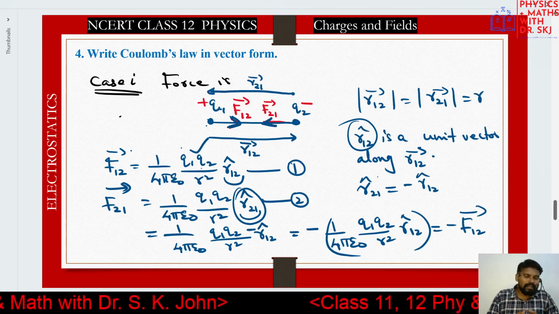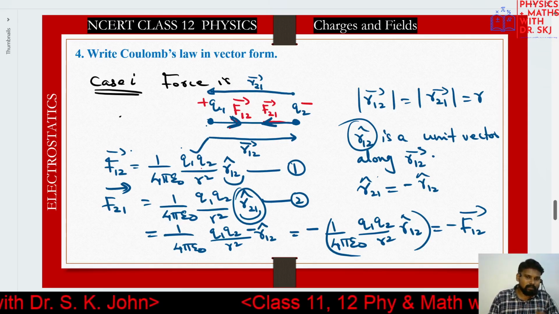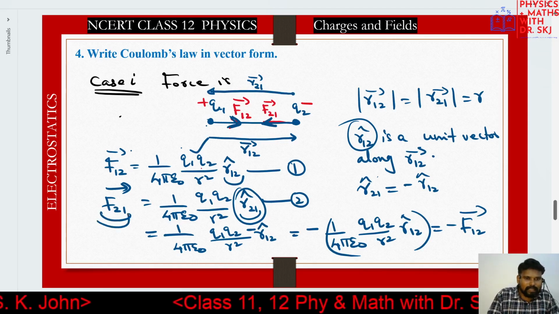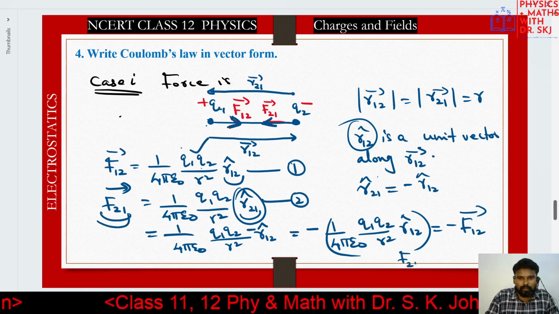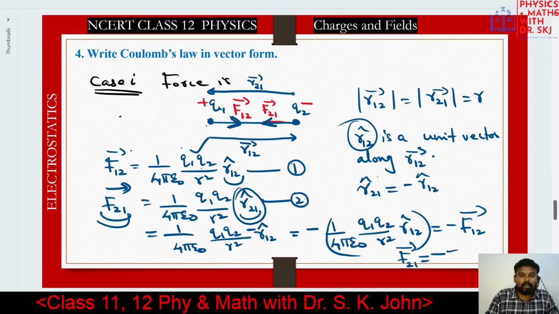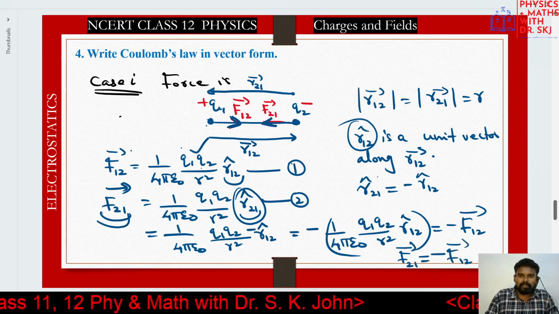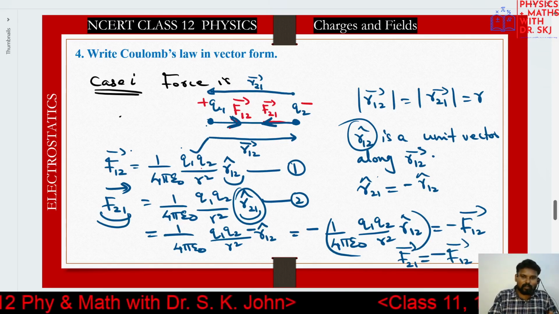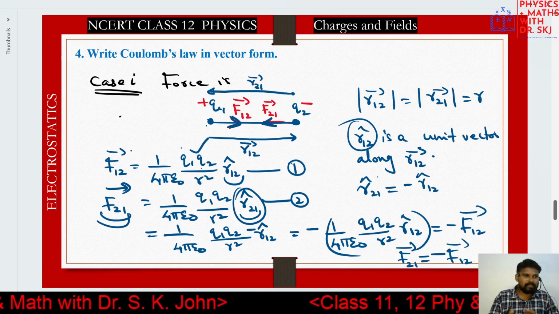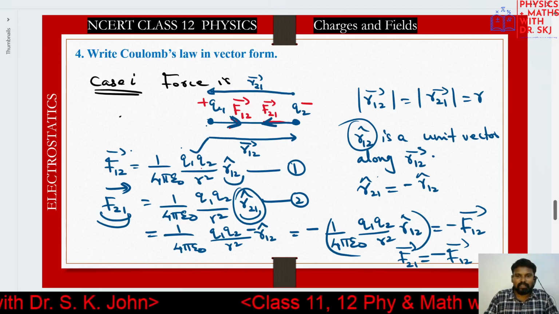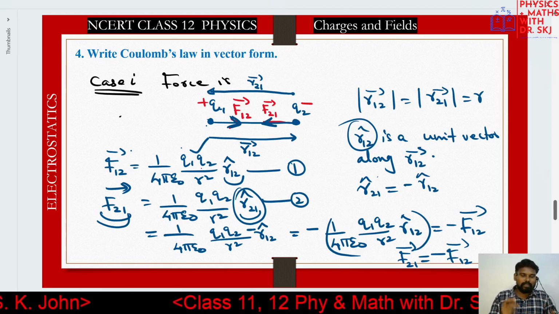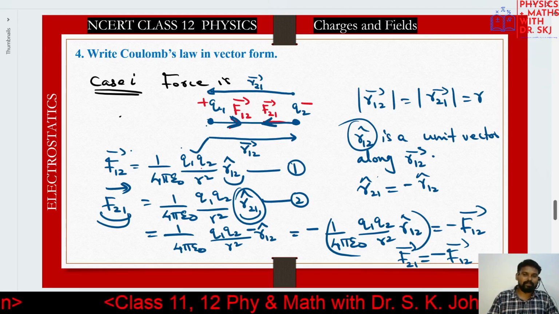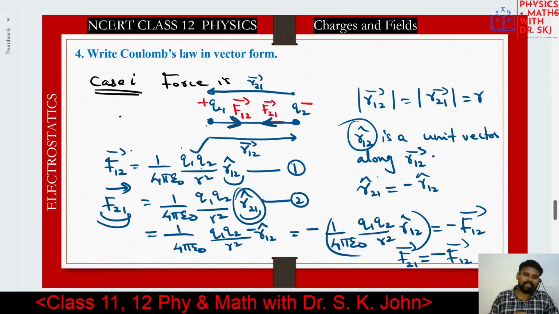So what do you get from this result? What we have got is F21 vector is equal to minus of F12 vector. It is like action is equal and opposite to reaction. Action is equal to minus of reaction. So it is Newton's third law. You can say that Coulomb's law obeys Newton's third law.